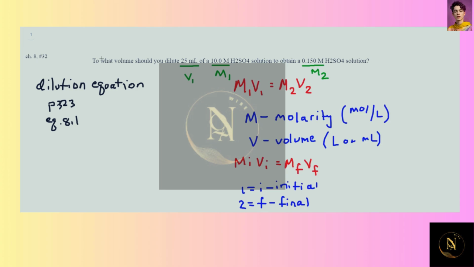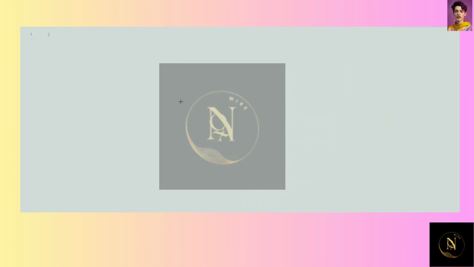When we read this to begin with, there were some context clues, to what volume should you dilute, which would have let us know that we were looking for V2, but it's also fine to do that at the end. So now that we have our variables, we know what they mean, their units, and the values, we can go ahead and start this problem.